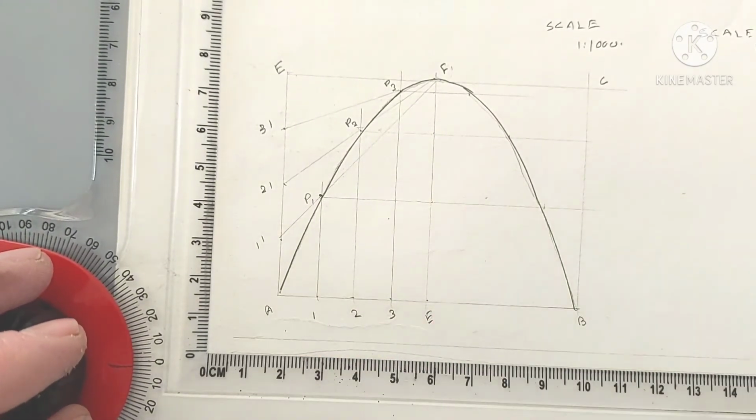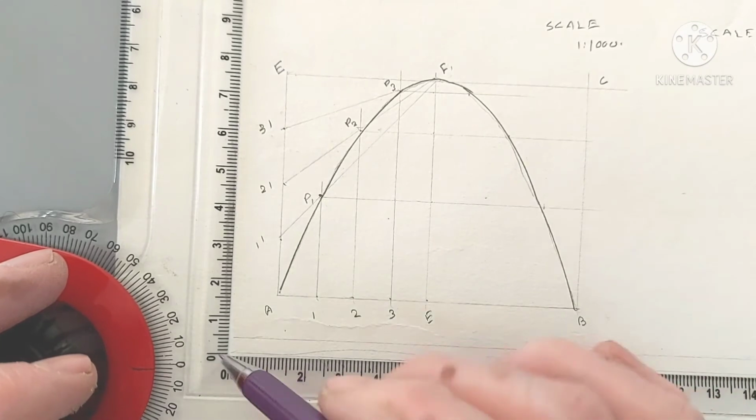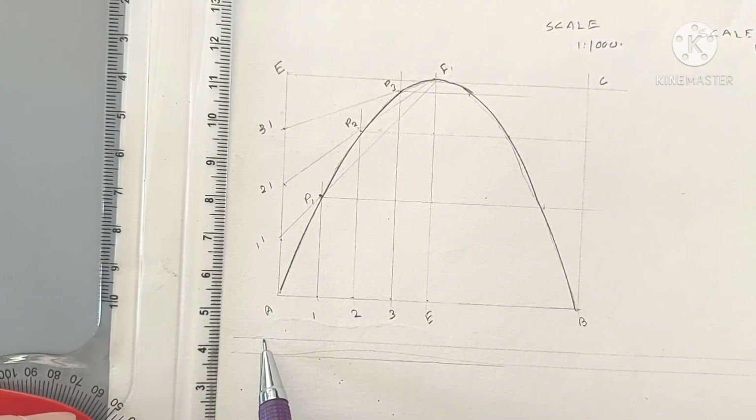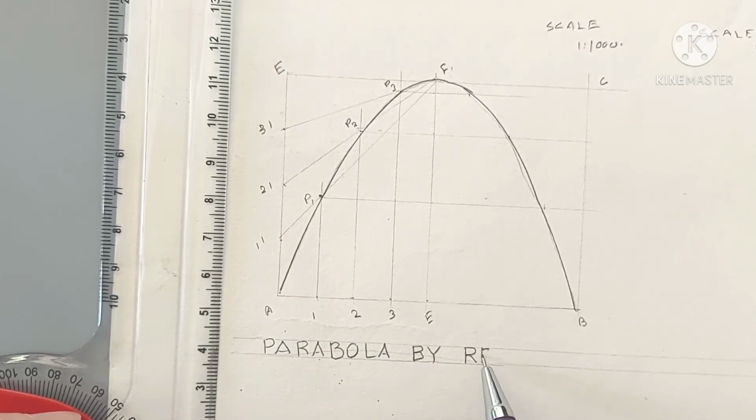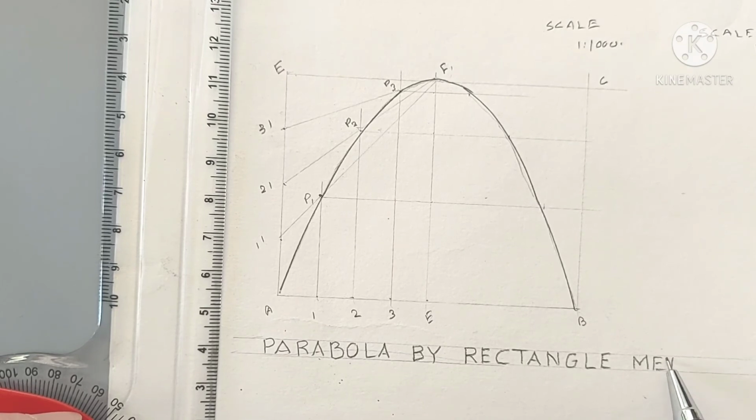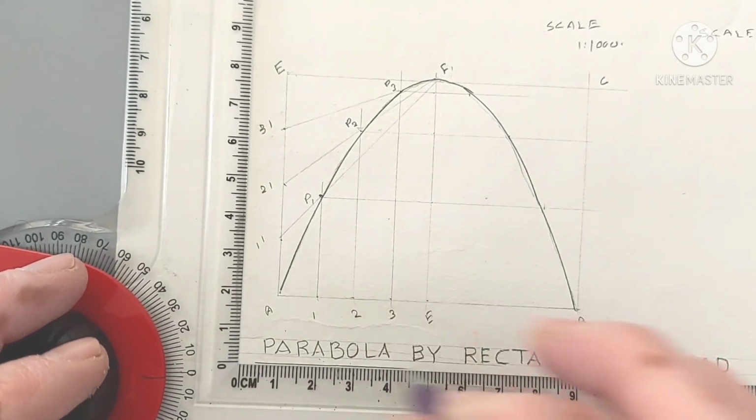So this 4 mm line, and write here with capital letters: Parabola by rectangle method. So write and underline the data.